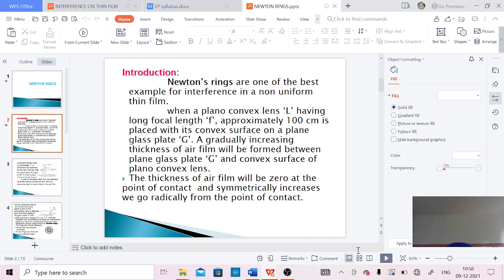At the point of contact between the lens and the glass plate, the thickness of the air film is 0 because there is contact. Away from the point of contact around the lens, the air film thickness increases gradually.